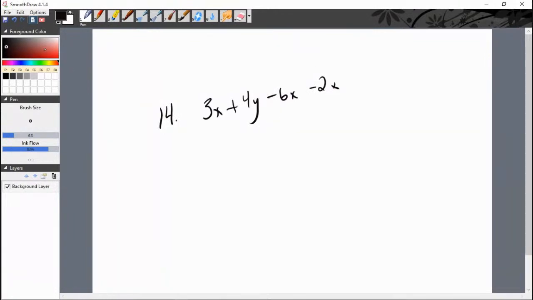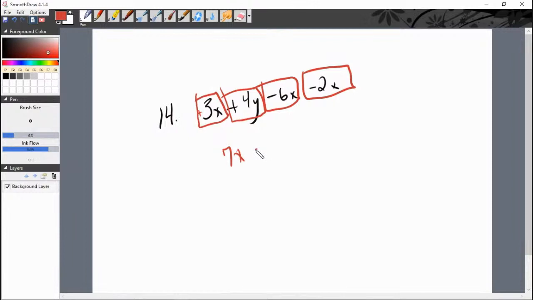Now again, this doesn't have a sign in front of it, but we know it's positive. Positive 3x, positive 4y, negative 6x, negative 2x. Now, what we do know is these are like terms, right? So what we essentially have is 7x minus 4x, which would give us 3x.